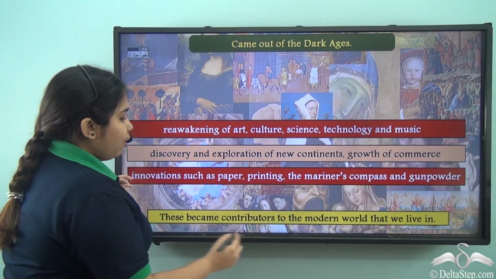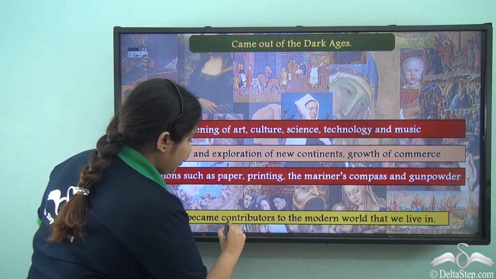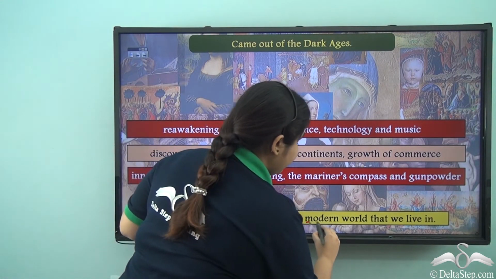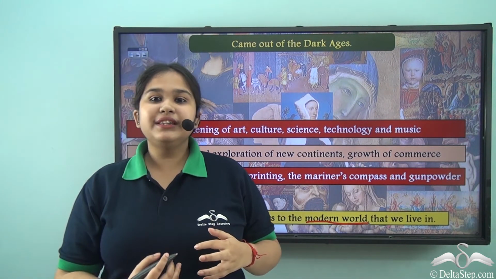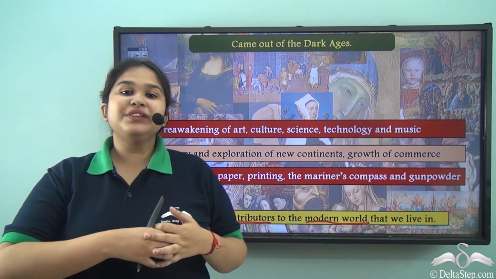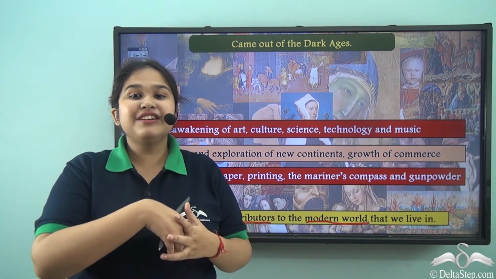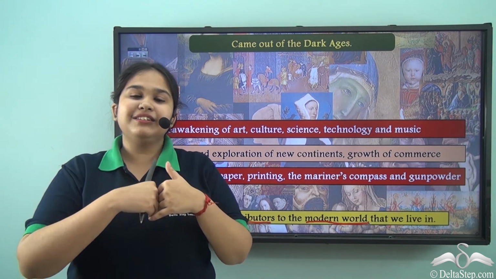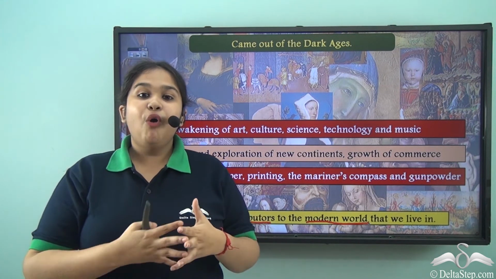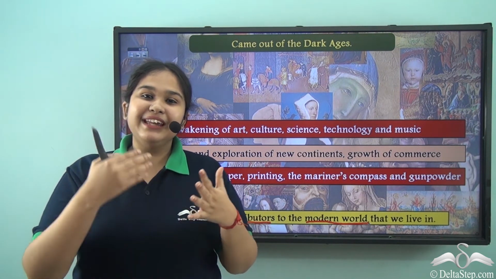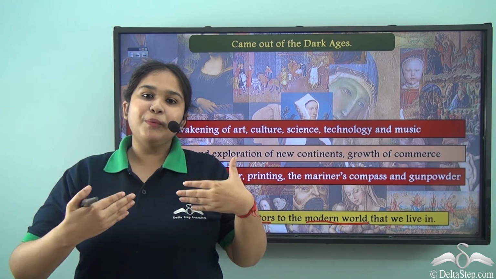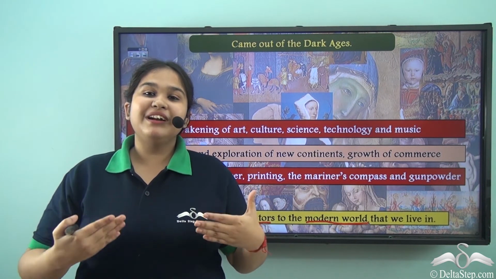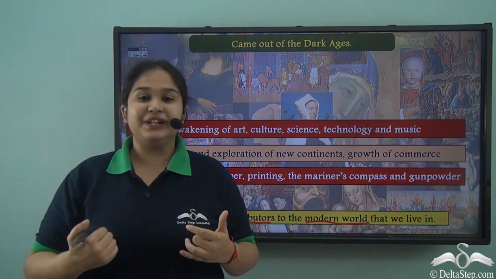So all of this becomes the contributors to the modern world we live in. Thus, as we saw these inventions, these pioneers, the various movements, the growth of culture, all this happened in the period of Renaissance that ultimately impacted the world that you and I live in today.